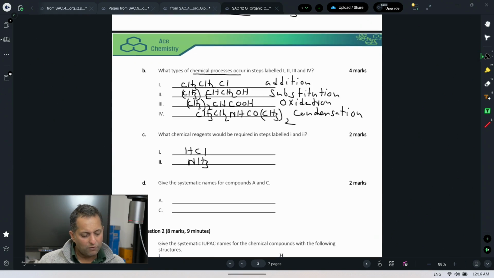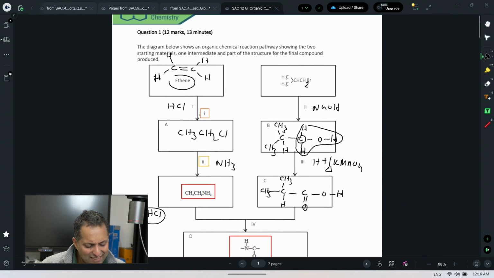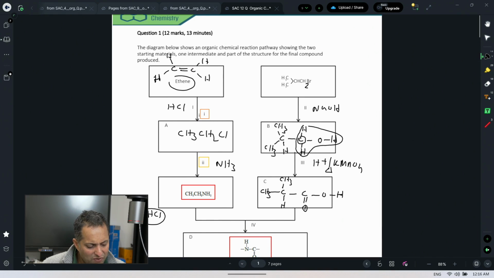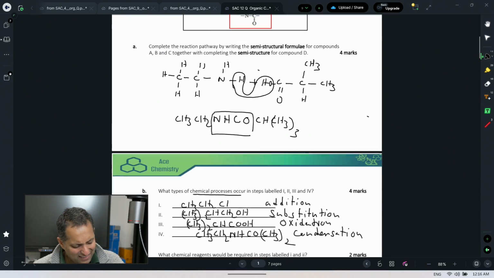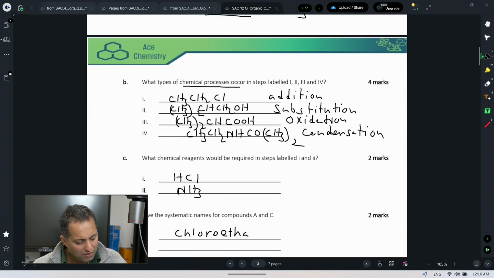Give the systematic name for A and C. What is A? Why are they asking us to do A? This is so simple. Chloroethane.